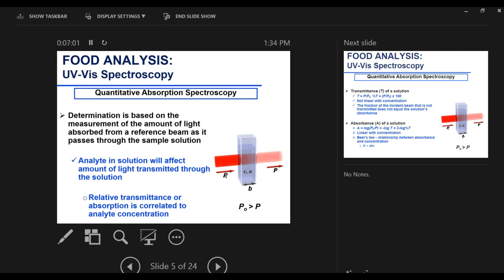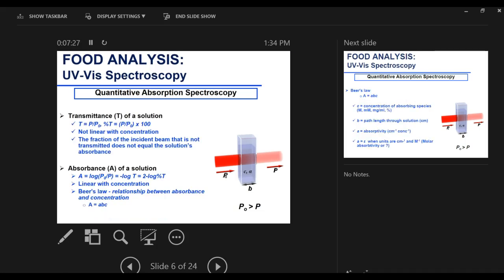So this is your incident beam, and this is your exit beam. As the concentration of your chromophore increases, your exit beam will be lower. So the absorption is directly related to the concentration of your analyte.